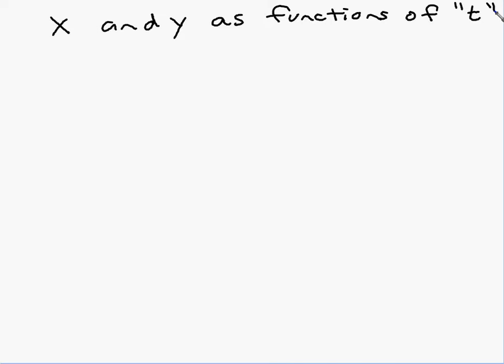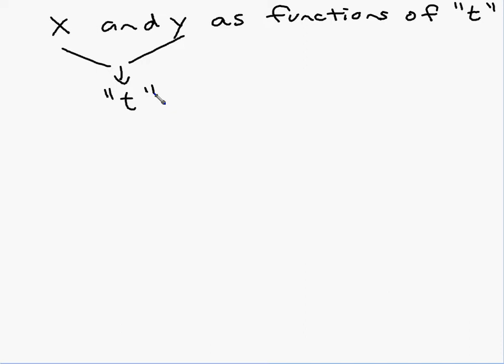So we're relating these two variables to t. We're relating x and y to a third variable, t. All right?